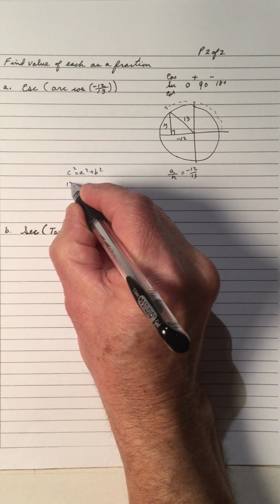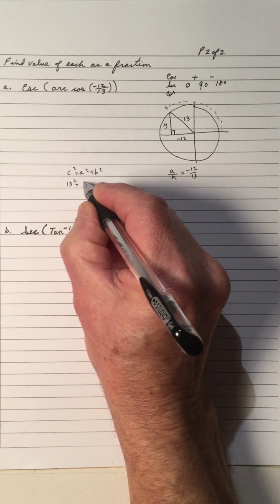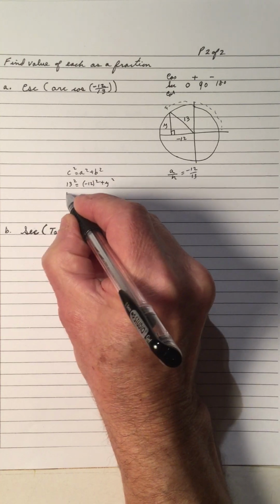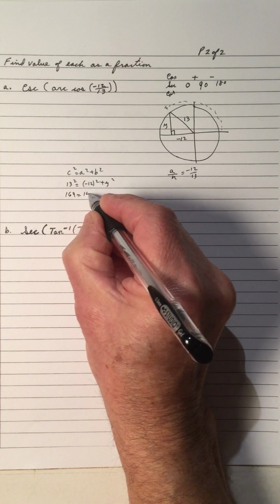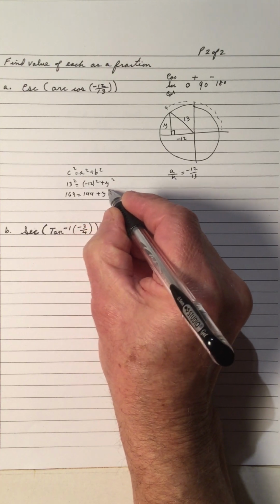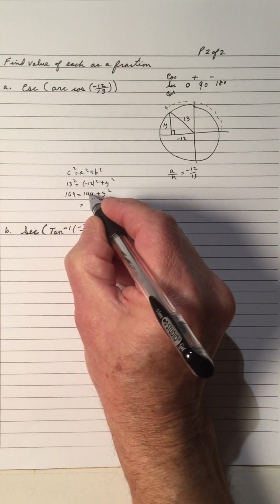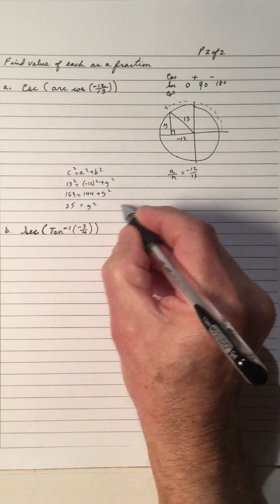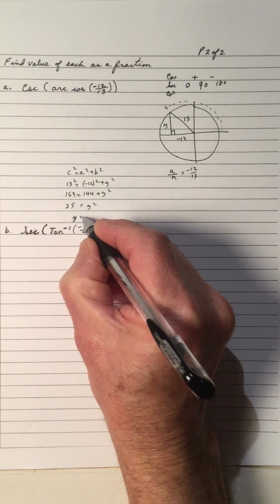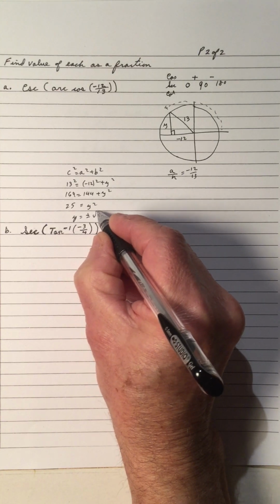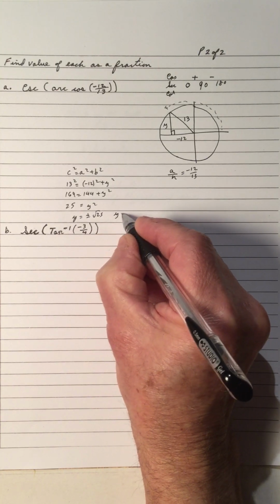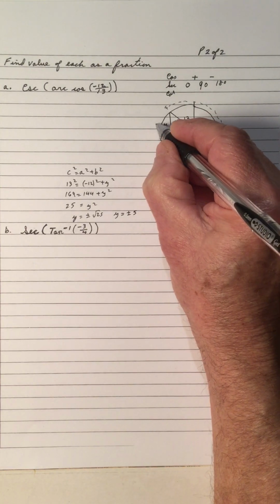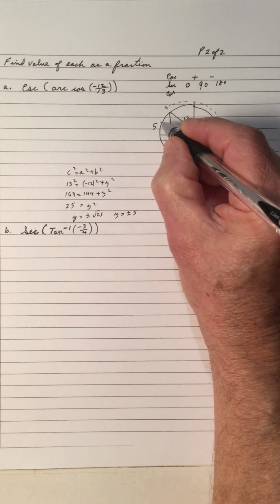So we have 13 squared equals negative 12 squared plus y squared. 169 minus 144 is 25. So y is plus or minus 5, and this is a 5 because it's going up, so it's positive.